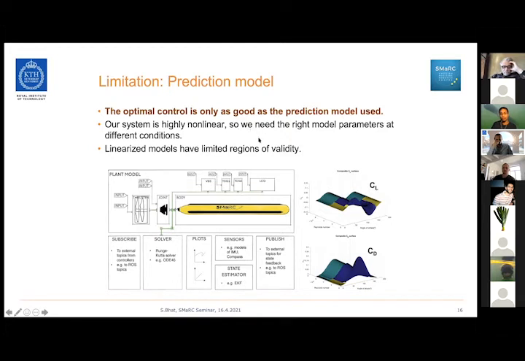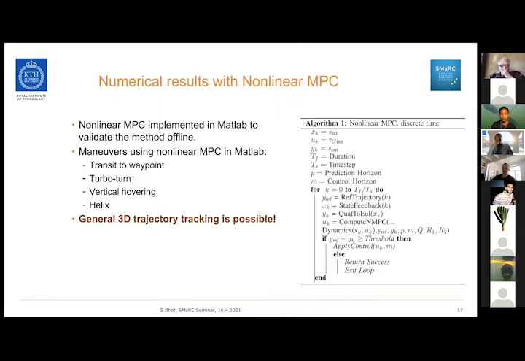So depending on which region of the dynamics we are at, depending on what velocity and what orientation we are in, our dynamics are very different. And if we consider the linearization only at that point, we will not have a very valid model. And therefore, we have to be very careful in what model we're using when we're doing these kinds of controls.